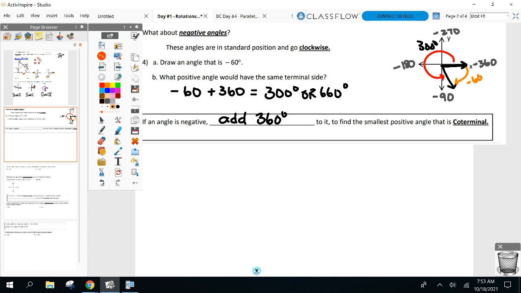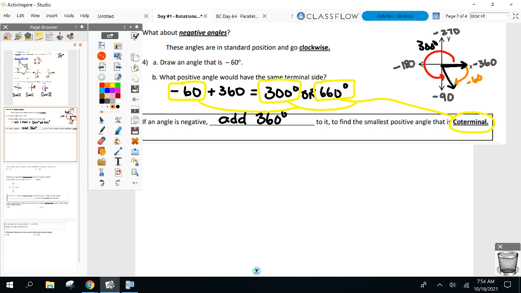And now I have to introduce the biggest vocabulary term today. Negative 60, 300, 660. These are called coterminal angles. Why coterminal? Because they share the same terminal side.